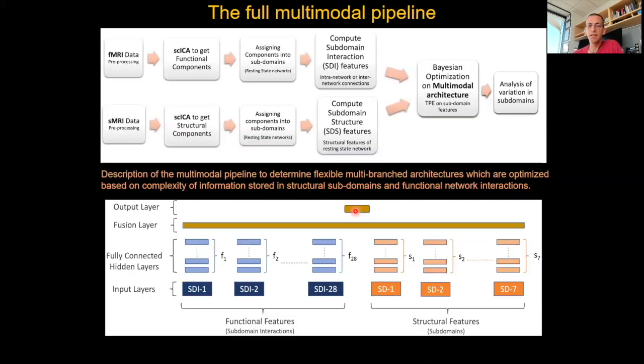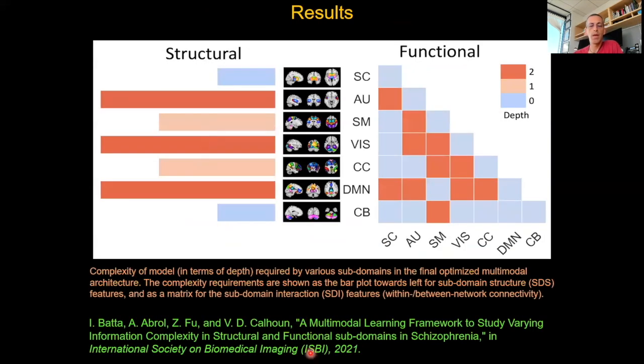We can extend this to a full multimodal pipeline. Here we'll just look at functional MRI and structural MRI. There are a number of steps to this pipeline, which I'm going to gloss over, but there is a paper here you can refer to. And then it gives you this kind of result where we can look, for example, at structural complexity and functional complexity.